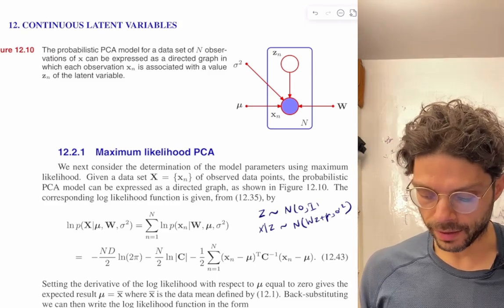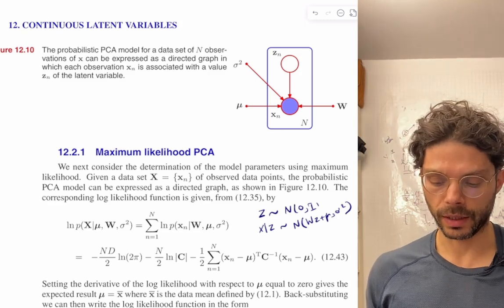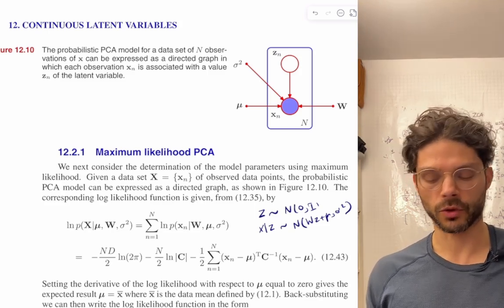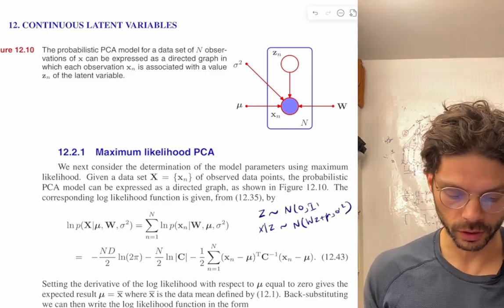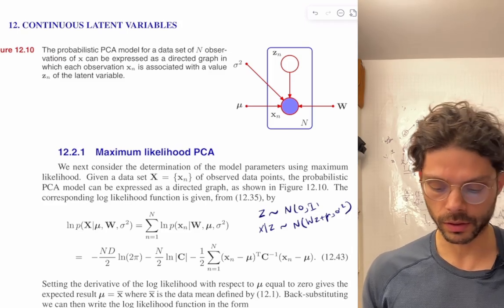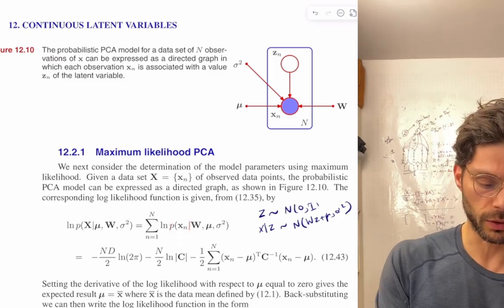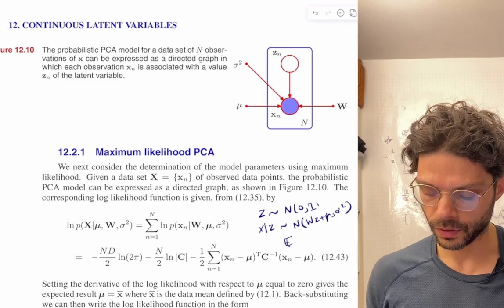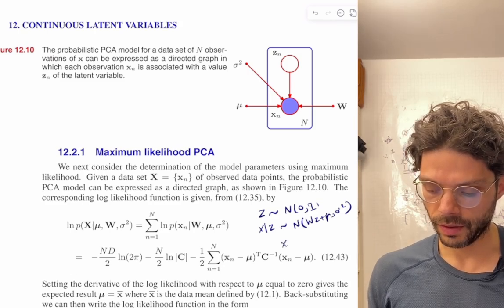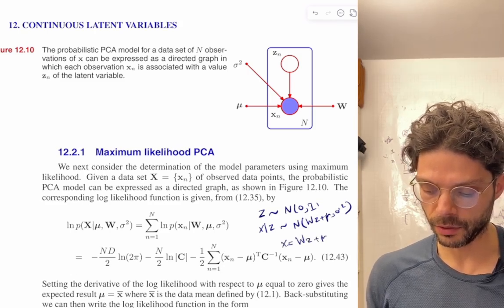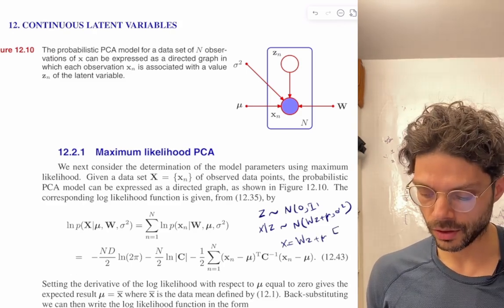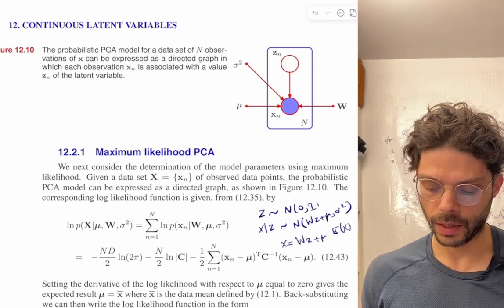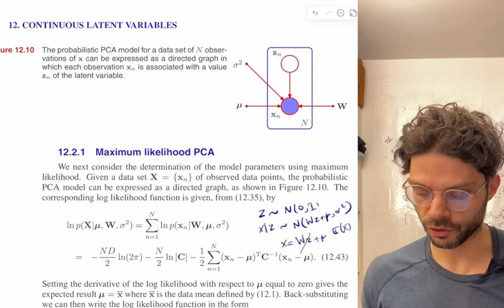Remember that because the latents are Gaussian and the conditional distribution is Gaussian, the marginal distribution on the observations is going to be Gaussian, with simple properties. If X is WZ plus mu, its expectation is just mu, since the expectation of the WZ term goes to 0.